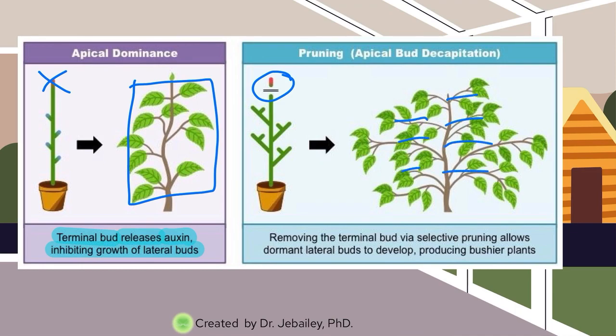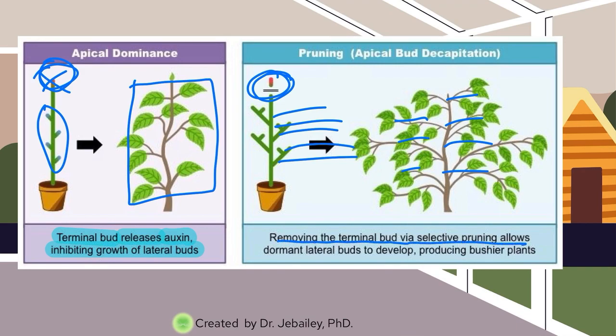Once again, if there is growth happening here, not much growth is going to happen on the branches on the sides. But if you cut this growth on the top, then you're going to see all the growth coming in. So removing the terminal bud via selective pruning allows dormant lateral buds to develop, producing bushier plants.